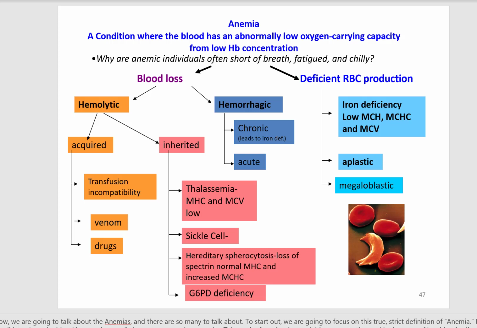Another way we can have red blood cells removed by macrophages is because of an acquired reason. Maybe you were given a red blood cell transfusion that was not compatible, and your macrophages deemed those new red blood cells to be worthy of an antigenic response.